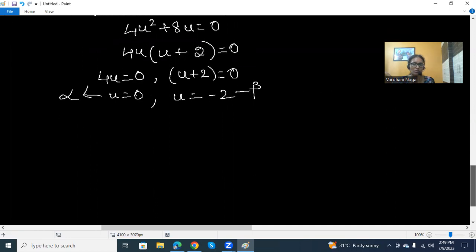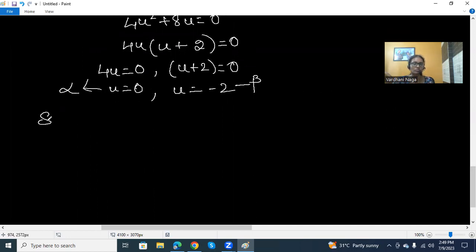Sum of the zeros. Before that, we will write what is A, what is B, when you compare this with the quadratic form. So A is 4, B is equal to 8. There is no constant term, so put a 0. In the question, they didn't give any constant term.